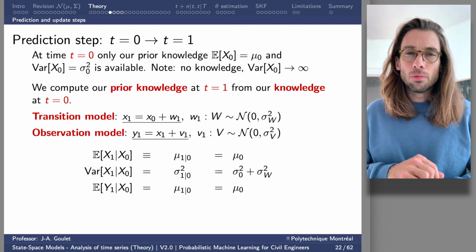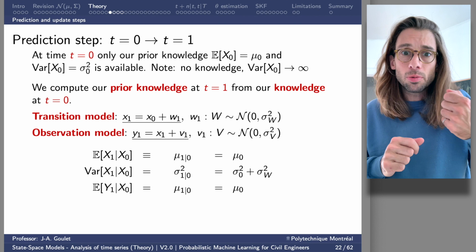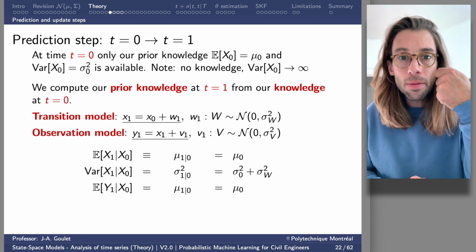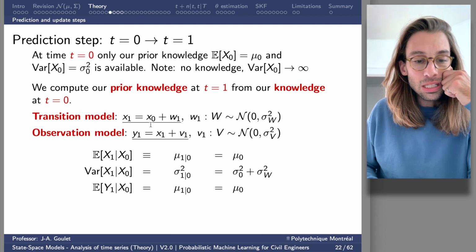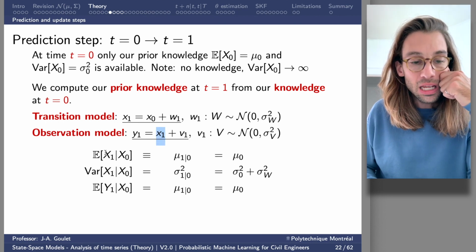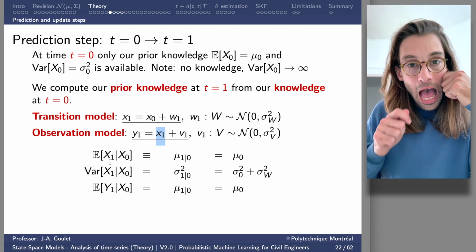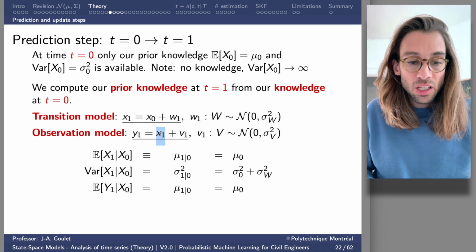Then I can predict, before observing my actual observation, what that observation could be. Okay, I'm going to make my forecast into the y space. And to do this, I currently have my prior knowledge for x1. This is what I have here by the expected value and the variance. I want to predict forward what could be y. So then it's going to be the expected value of x1.